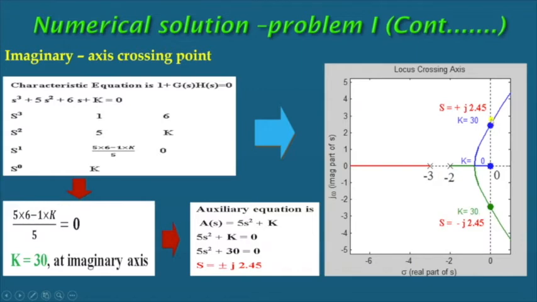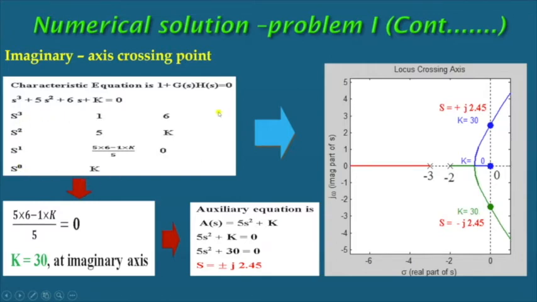When the root locus is present at the imaginary axis, then the system is marginally stable. Then find the value of K and s at the imaginary axis using the Routh array. We know that the characteristic equation is 1 plus G(s)H(s) equal to 0. Then from this we get s to the power 3 plus 5s square plus 6s plus K equal to 0.